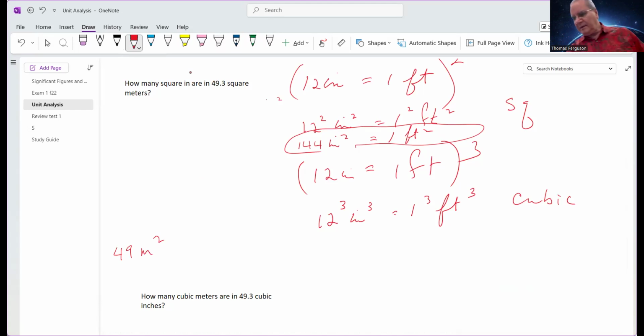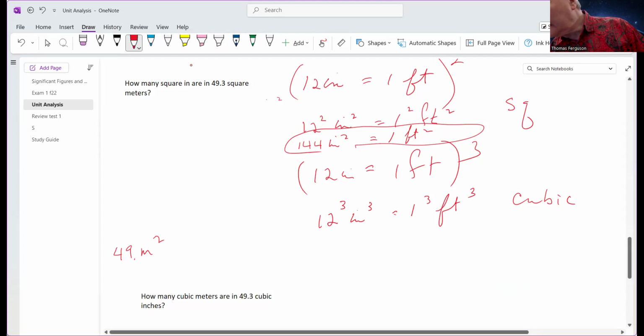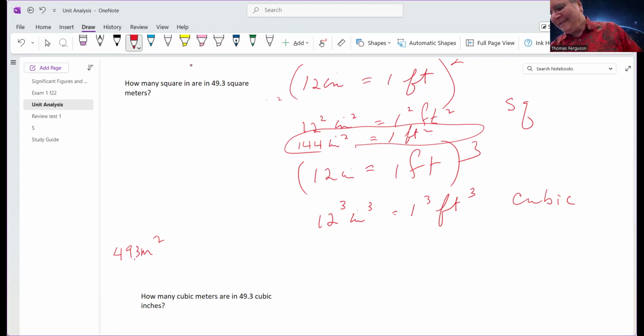So the key is we're working with square meters now. It's 49 meters squared.